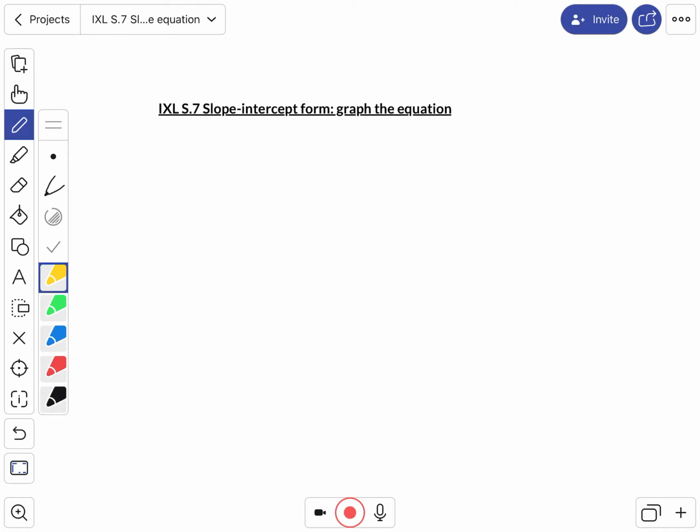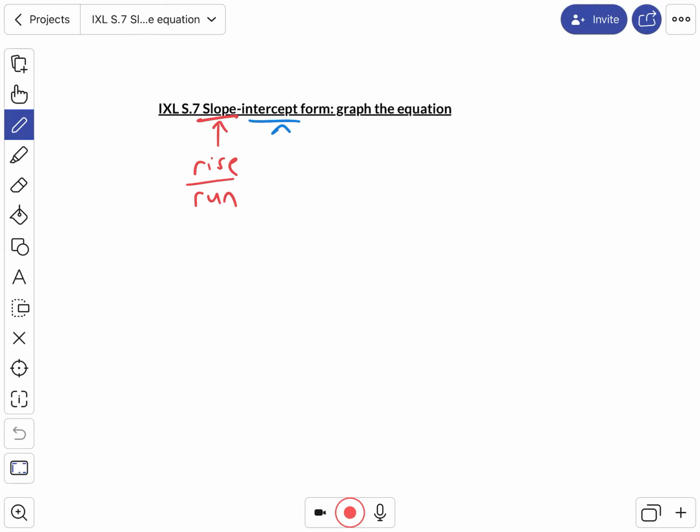So the first thing I want to do is break this word down. The slope is a word that uses rise over run. And the intercept really is a word that means y-intercept, okay?